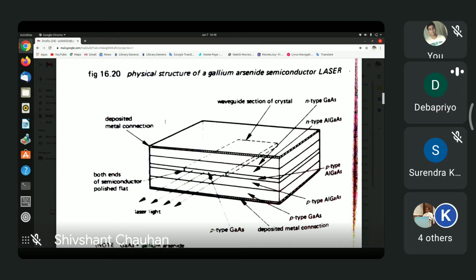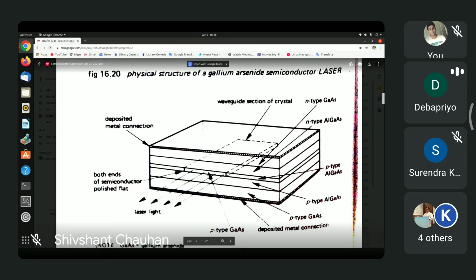The rest of the thing is like a matchbox, a box of matchsticks. But right within, at the center, you have a cell phone like region, which is where the lasing action takes place. This cell phone like region is composed of p-type gallium arsenide.